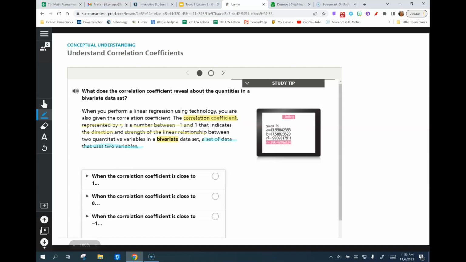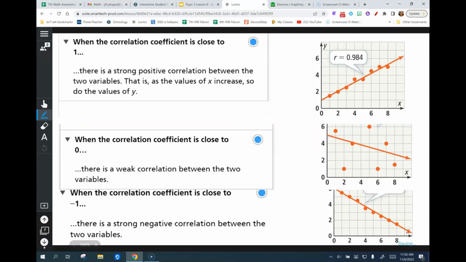Now in that column in your book, you're going to want these next slides too. So we're going to go to the next slide, because right down here it says, when the correlation coefficient is close to 1, what happens? Well, I would click on that point right there, but you can see it won't do anything. So it's in the next slide. So when the correlation coefficient is close to 1, and when I say close to 1, I mean like 0.99, that's really close to 1. 0.8 is going to be a little less, 0.7 a little less, okay, it gets weaker.